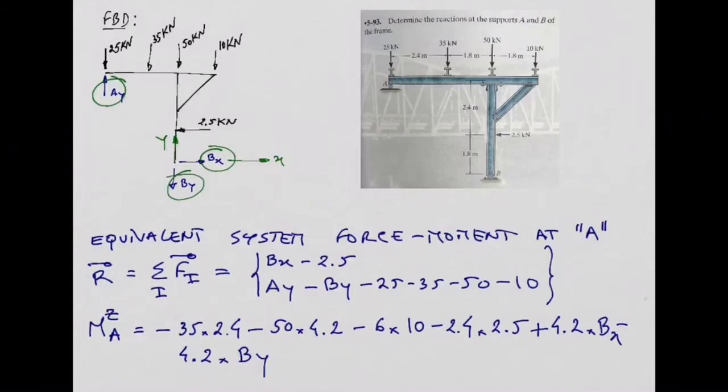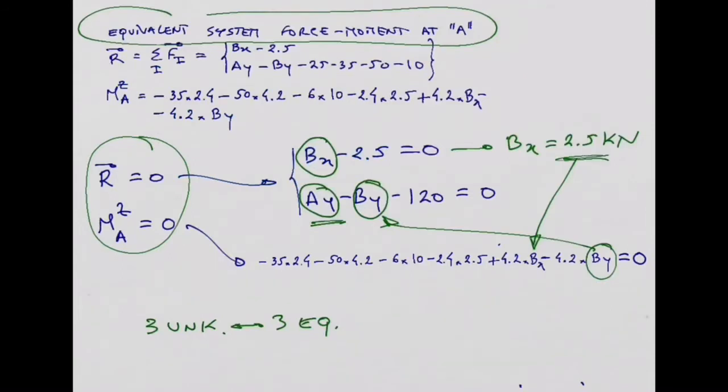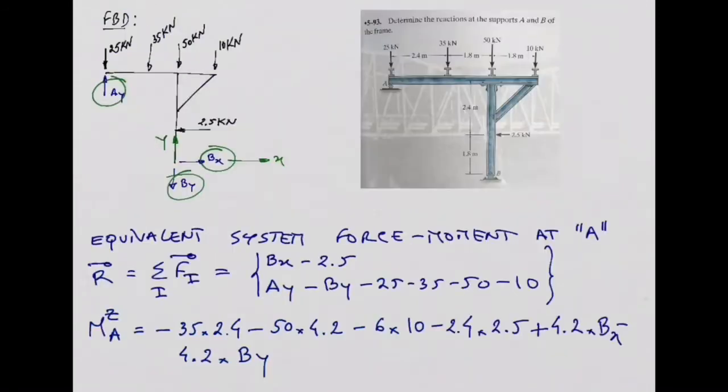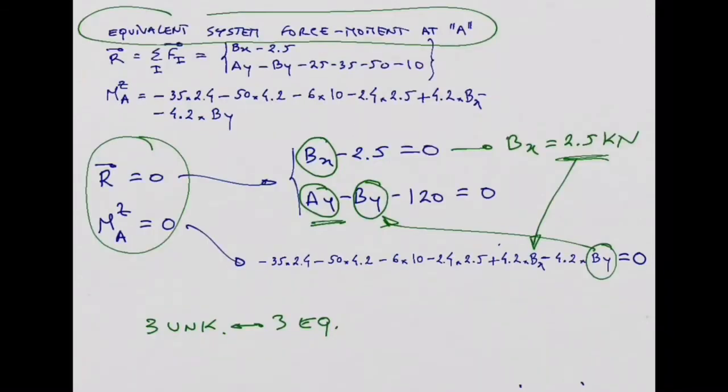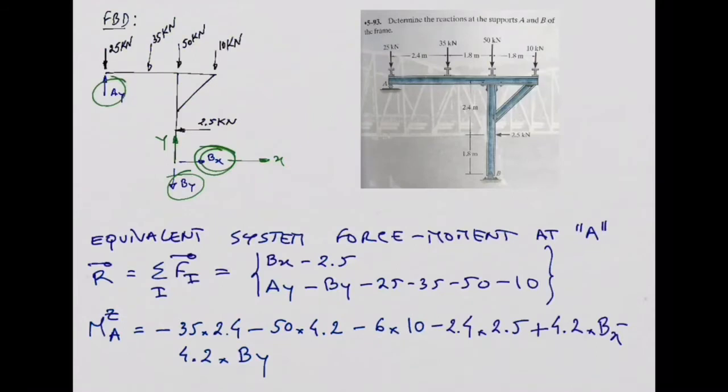For example, in this case, we obtain Bx positive 2.5, which means this initial orientation was correct. If you get By negative, it means you need to reverse By, okay?